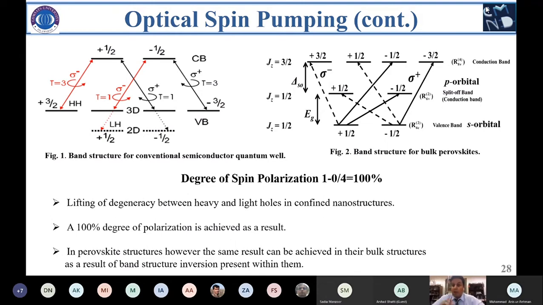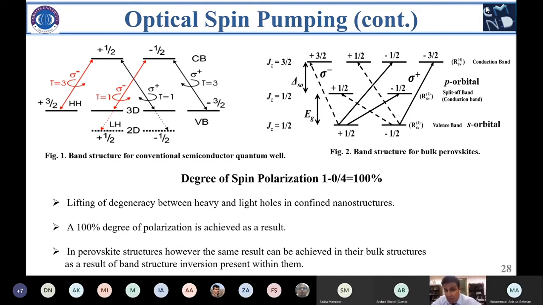Okay. Now the really interesting thing about perovskite structures, which we discussed in the first section in the computational study, is that we have an inverted band structure for CsPbBr3.